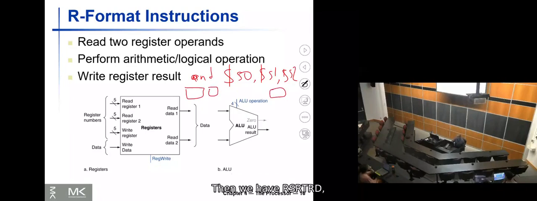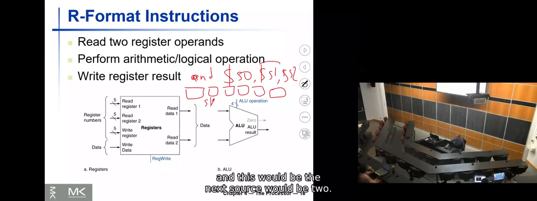Then we have RS, RT, RD: source, the other source, and the destination. And then we have shift amount, which is 0 now. So this is the source. Source here is S1. So we have S1 here. And this would be the next source, it would be S2. So S2 is here. And this would be the destination, which here is S0. So we have an instruction.